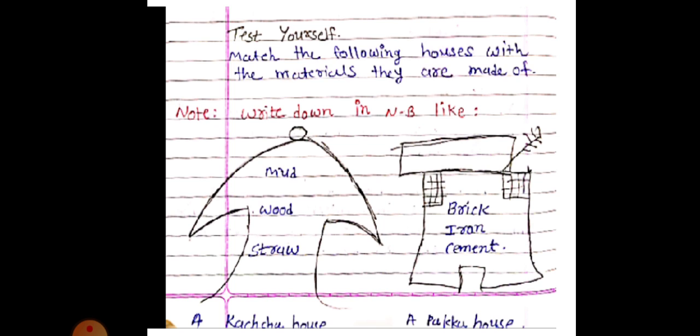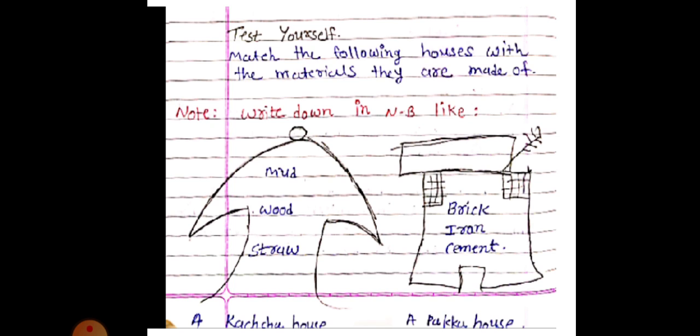That exercise I will also send you, and today I have given test yourself like that. It is an activity also, where you identify the material of the kacha house and pakka house. The textbook MCQs I completed in the previous video, sorry. So you have to write those 2 MCQs also, and today's exercise you have to write completely in your notebook.